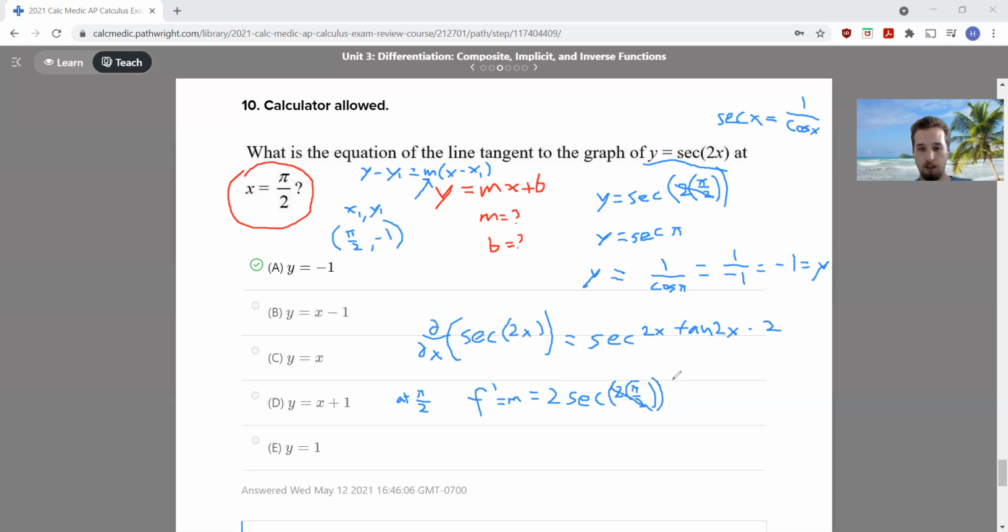Again, that's going to cancel. Again, pi over 2, that's going to cancel. So we get 2 of secant pi and then tangent pi.